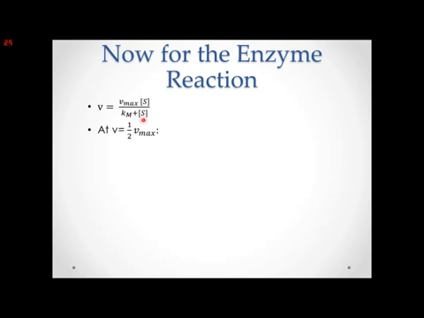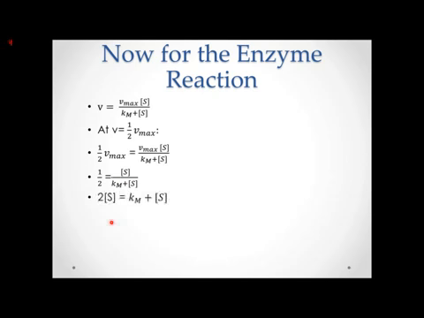So what value of S do I need to get half of the maximum speed? Well, when I put 1/2 Vmax for V, I get this equation. Now let's simplify that a little bit. I'm going to cancel out Vmax on both sides, divide Vmax on both sides, and I'll get 1/2 equals S over Km plus S. I'm going to cross multiply.